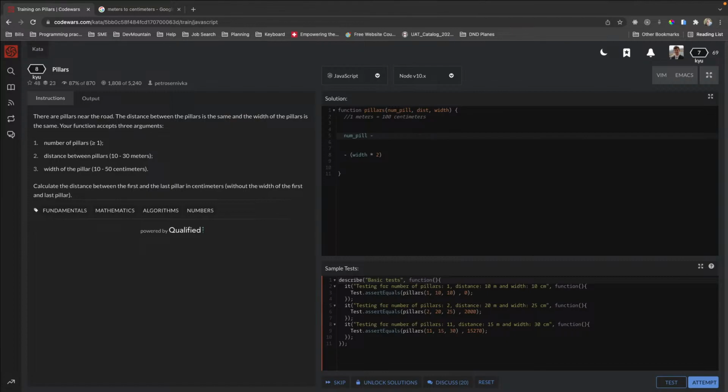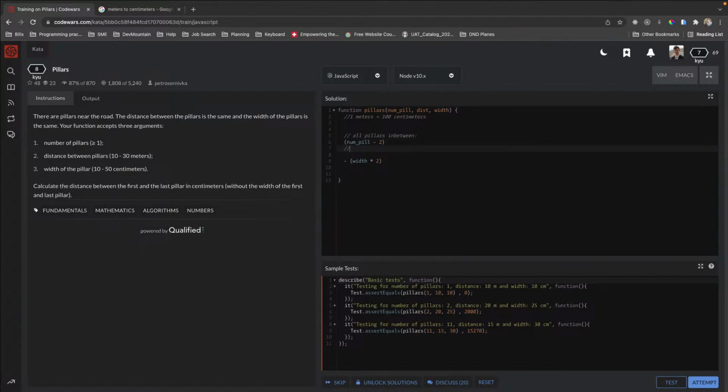Rethinking. Okay, so the problem with what I was thinking about here, because this is what I was working on. So number of pillars, we subtract the 2, right? And then we'd have our number of pillars, we'd subtract 2 of them, and distance between pillars is 10 to 30 meters. So now, anyway, this will give us all pillars in between, right?